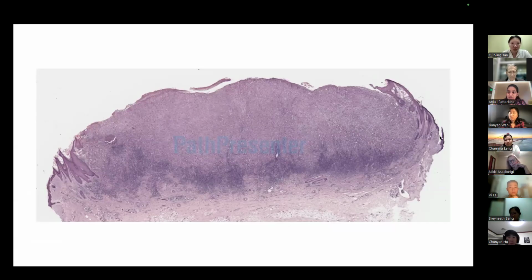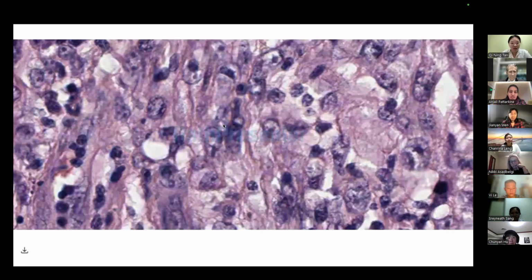This is the normal skin histology, and this is low resolution. As you can see, it's going into the dermal area with some inflammation in between the epidermis and dermis. Here, this is in high resolution.